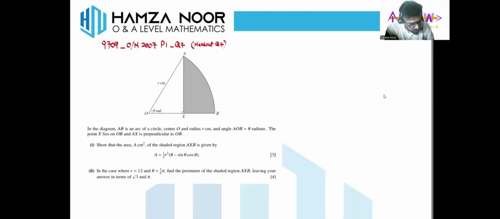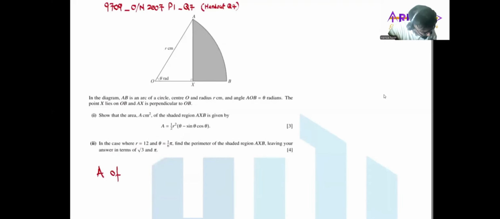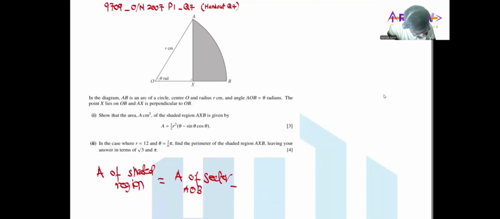So the area of the shaded region equals the area of sector AOB, and then you subtract the area of triangle AOX.